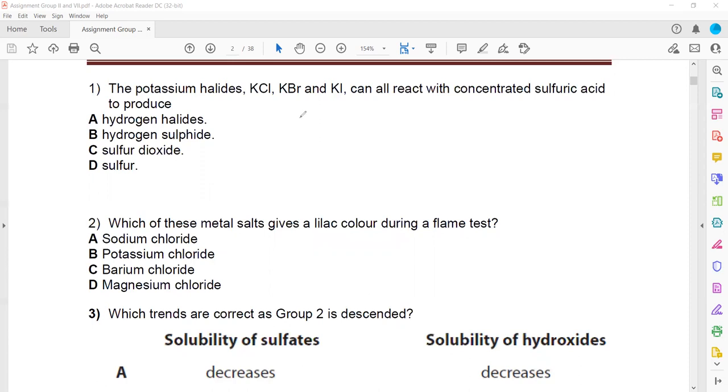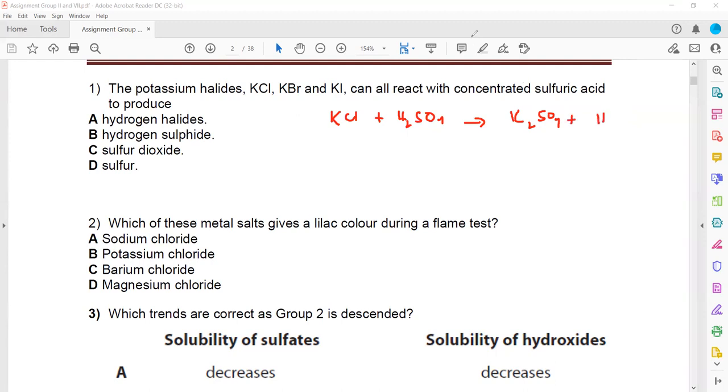Whenever we have, for example, sodium halide or potassium halide, first there is an acid-base reaction. For example, if you have KCl reacted with H2SO4, as a result it will produce K2SO4 plus HCl, or it can produce potassium hydrogen sulfate, KHSO4, can also be produced.